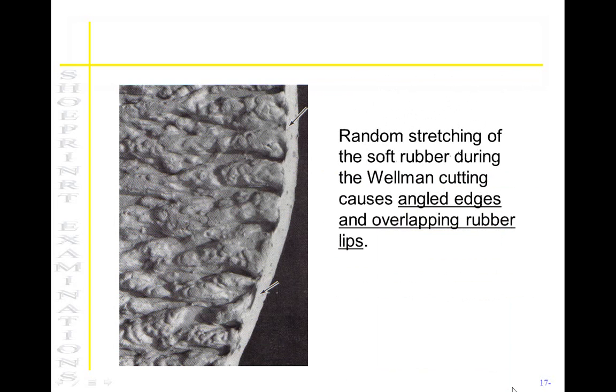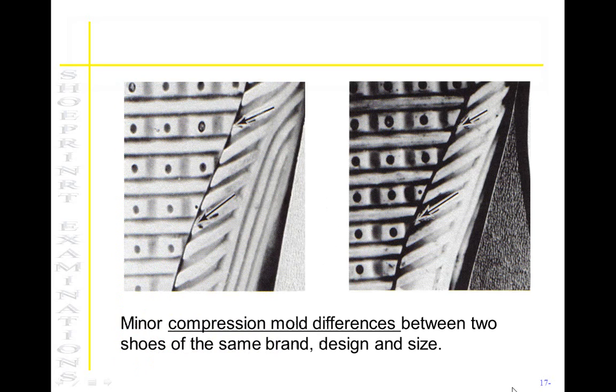During some of the cutting, the random stretching of the soft outer sole may occur, causing angled edges and overlapping rubber lips. Or there might be minor compression mold differences between shoes of the same brand, design, and size.